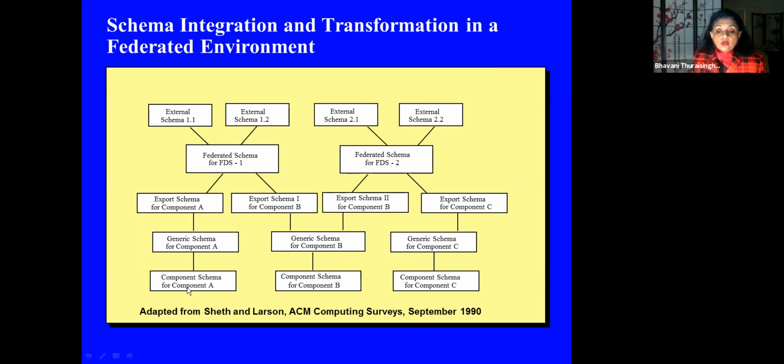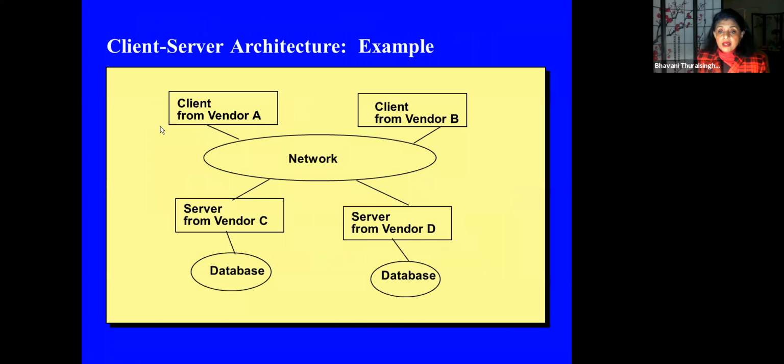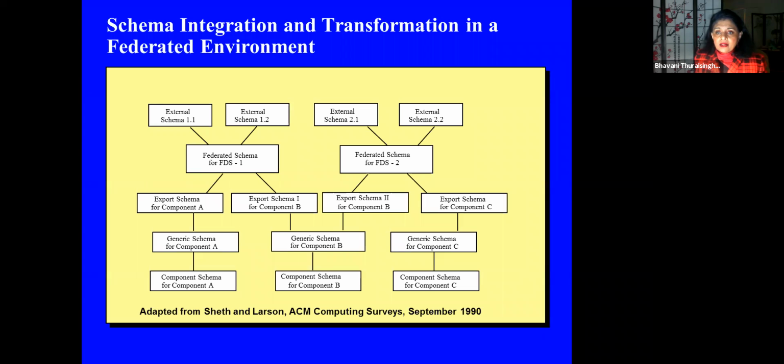So these generic schemas are all represented in XML. Here you have relational, objects, and hierarchical structures, but everything is represented in XML, and then you are exporting everything in XML. Up to this point, I believe it would be XML, and then the external schemas, depending on the users, may not be in XML, depending on the different user classes. Okay, so that's the schema integration.